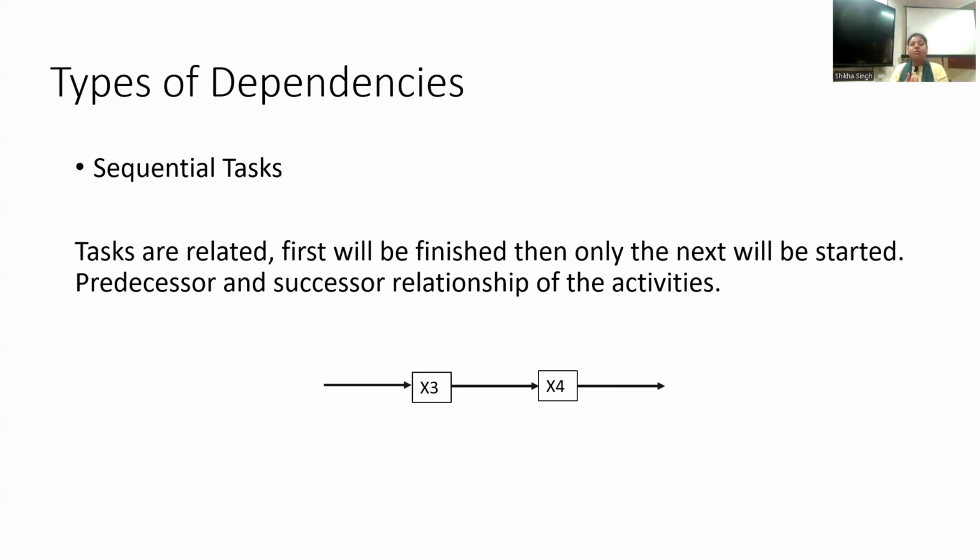So I'll immediately know that x4 requires information from x3. So it is very clear that x3 should be completed first, so that whatever is the output or outcome of x3 will be behaving as an input to activity or subsystem x4, right? So now, based on these relationships or dependencies, we'll be able to identify what should be the sequence of activities. So that concept we'll be utilizing in the design structure matrix. So the two types of dependencies you have seen so far.